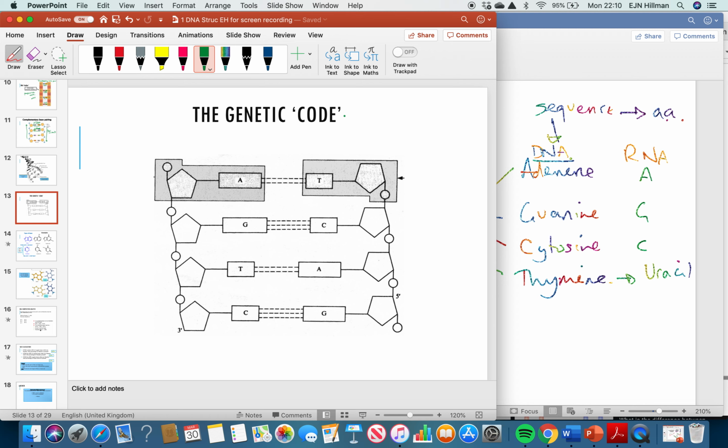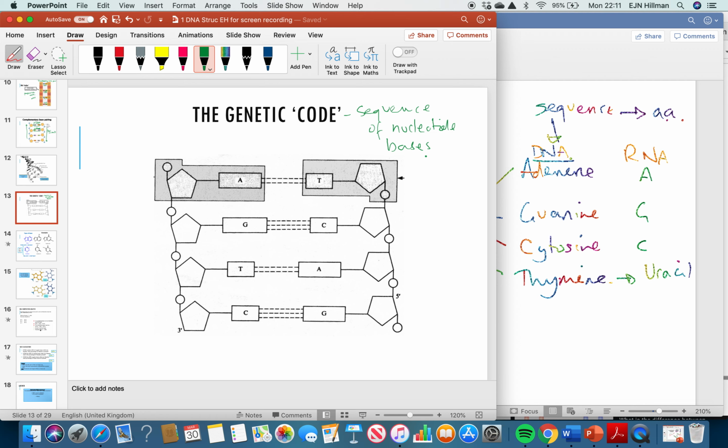Okay, so the genetic code is the sequence of nucleotide bases.